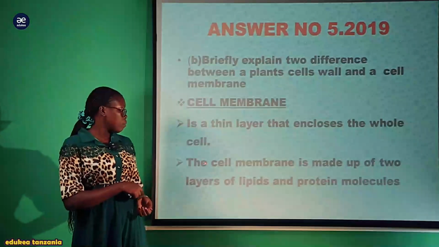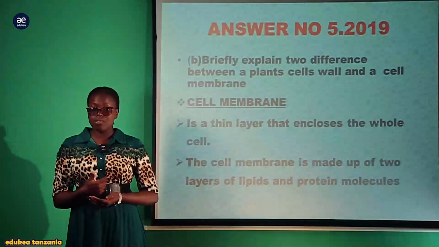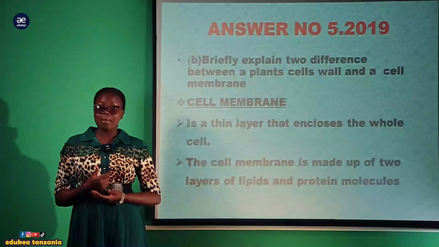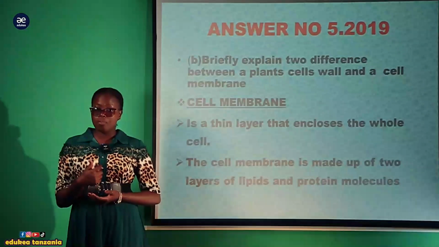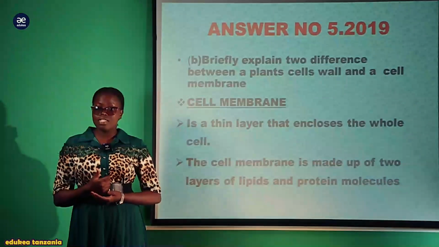The cell membrane is made up of two layers of lipid and protein molecules, or in other terms, a phospholipid bilayer, meaning it is made up of layers of lipid and protein. That's why we call it a phospholipid bilayer.